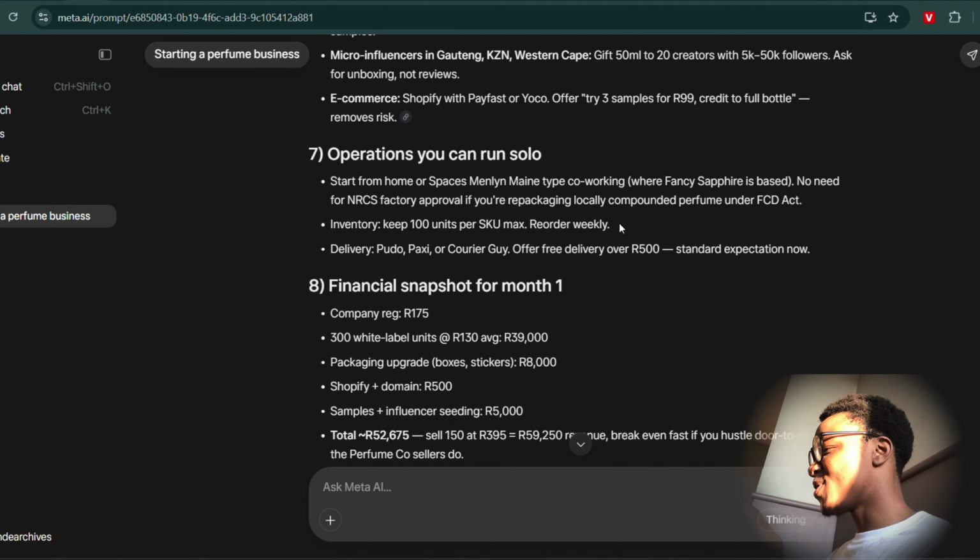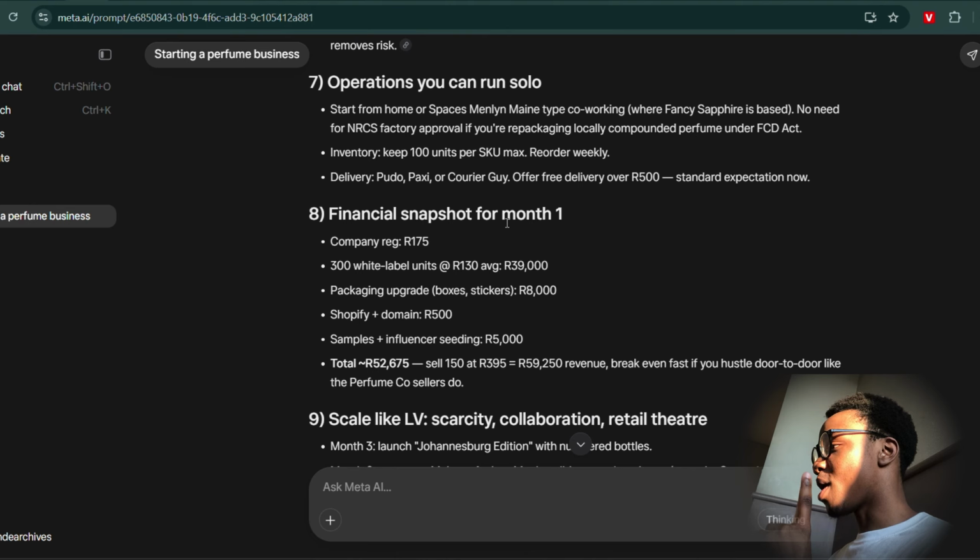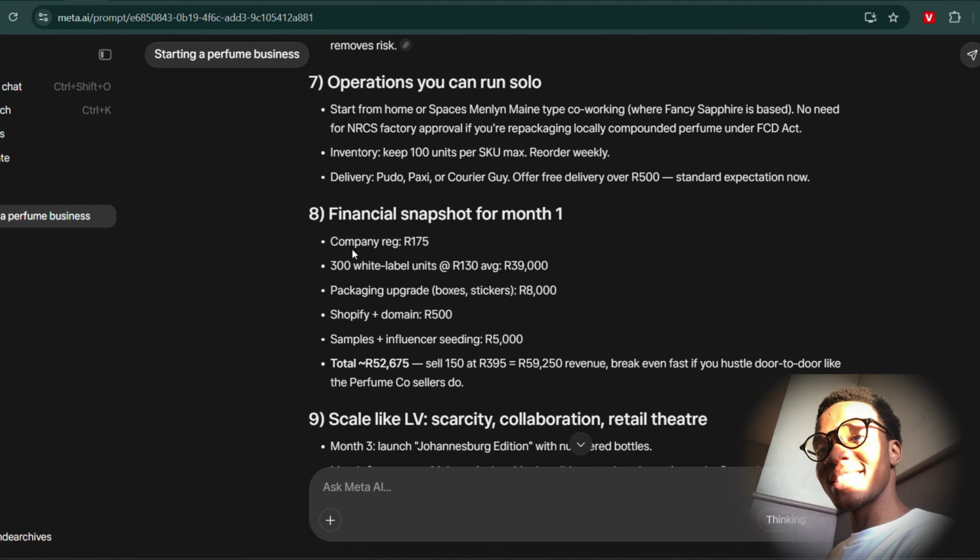Financial snapshot for 1 month. Registration 175. This one is quite accurate for an AI that I was underestimating. This is actually quite dope. 300 white label units, 130 average. That'll be 39K. Packaging upgrade 8,000.